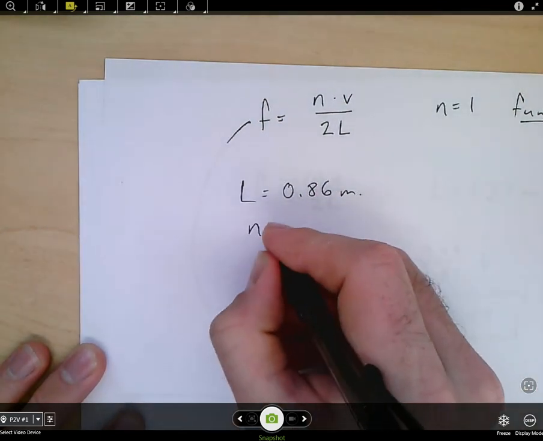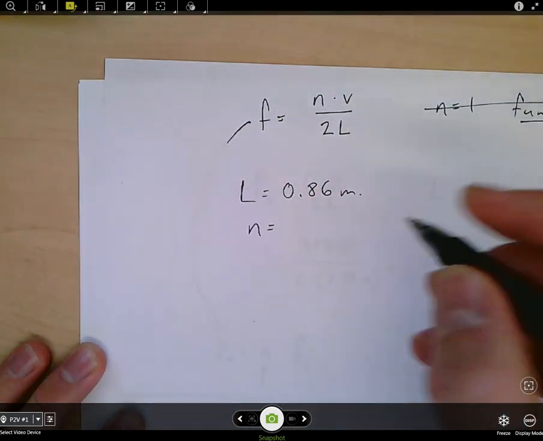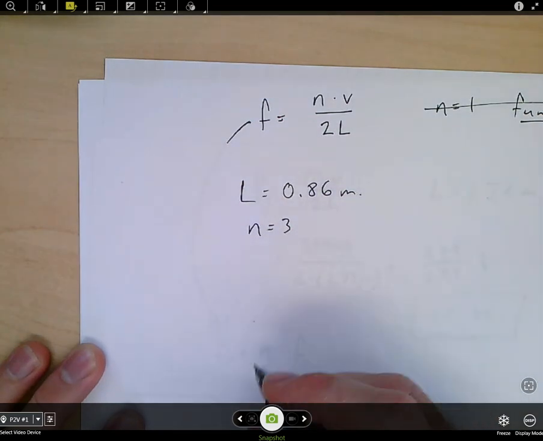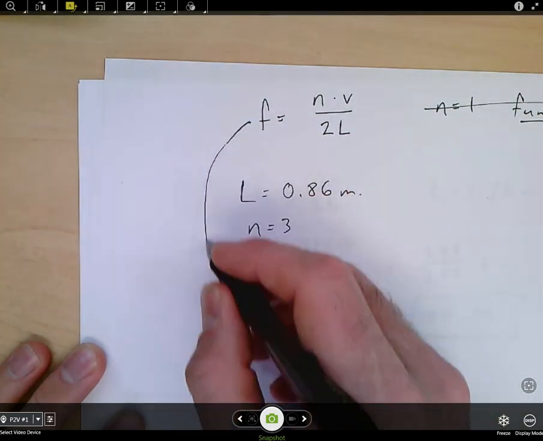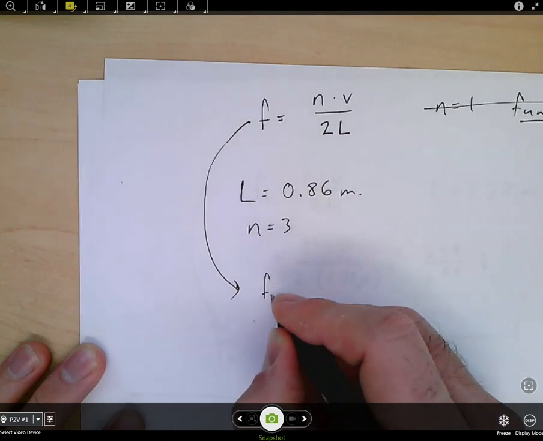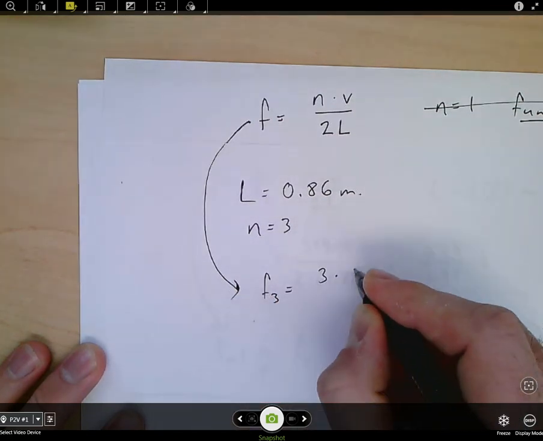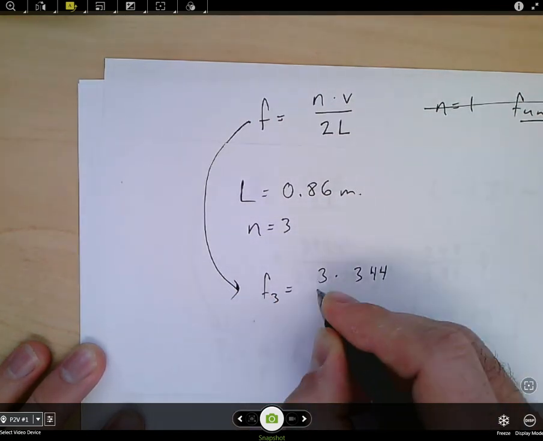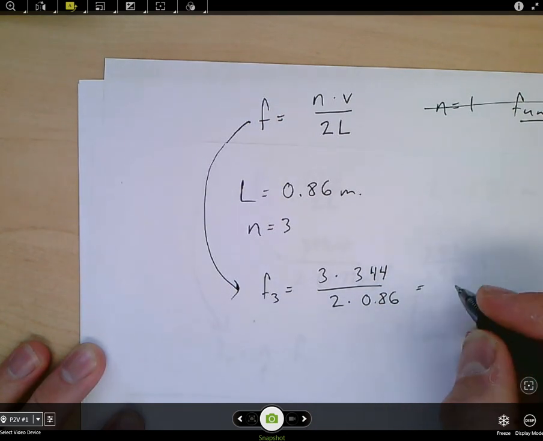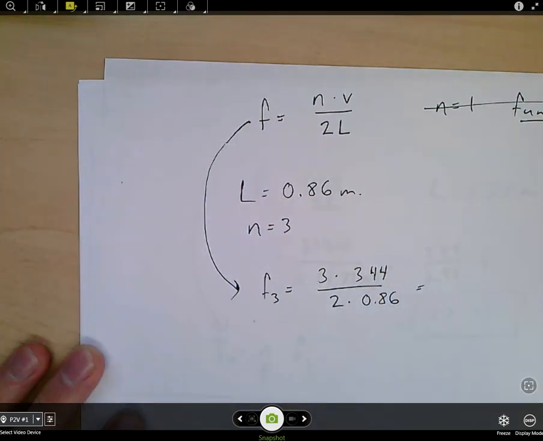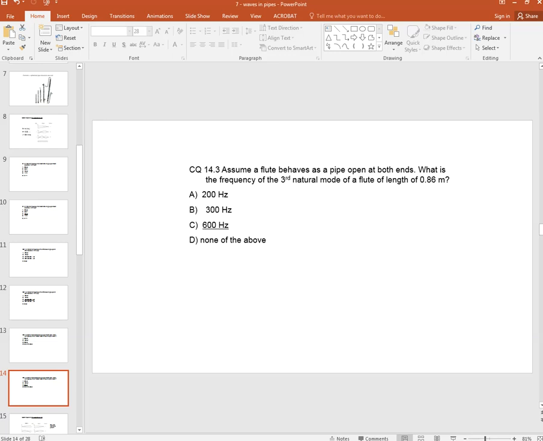And our mode number in this case is not the fundamental mode, but n equals 3 is what's asked for. So literally we can just plug into this formula here. So this formula will now become F3 is equal to 3 times 344 meters per second divided by 2 times 0.86. When you plug all those in together, you will get 600 hertz.